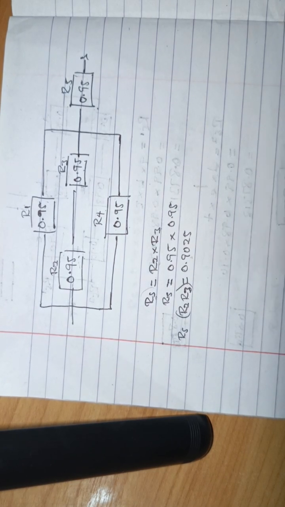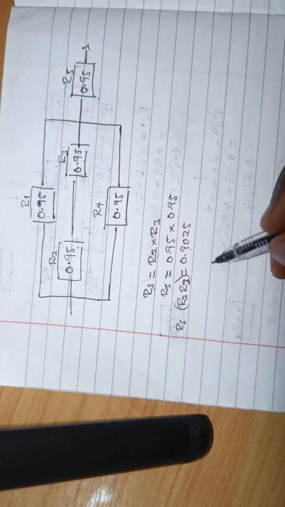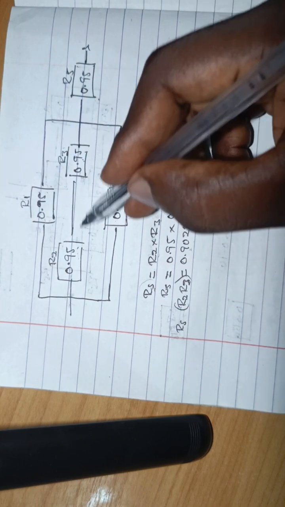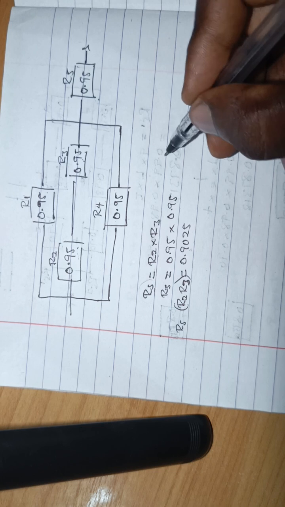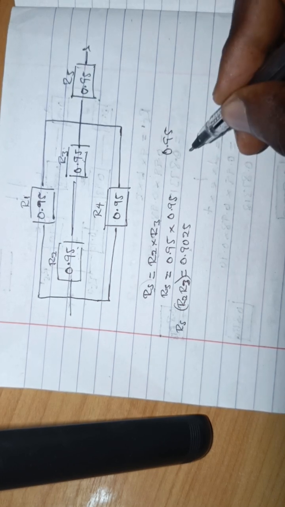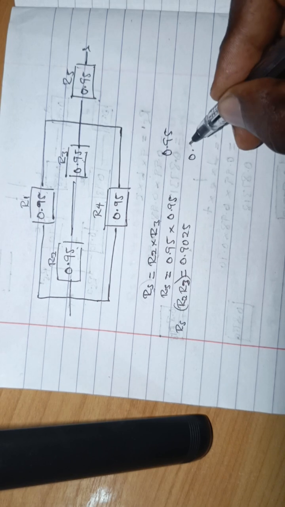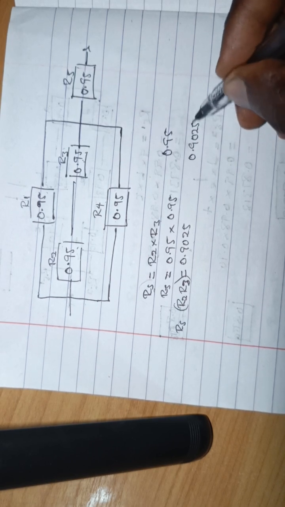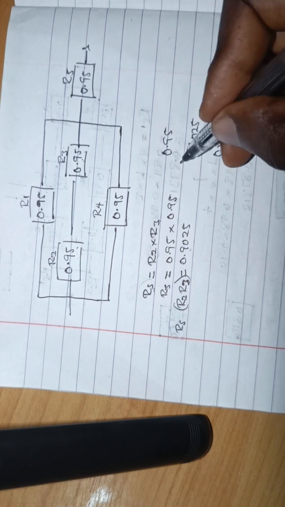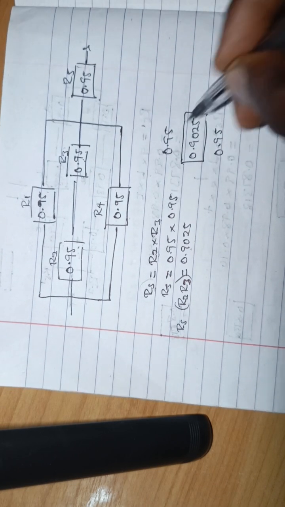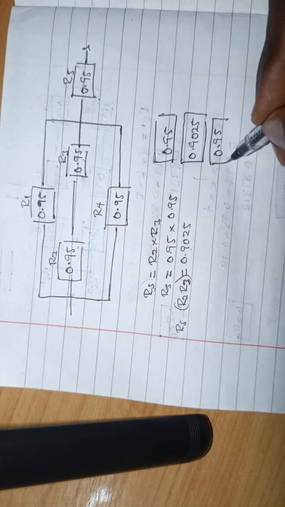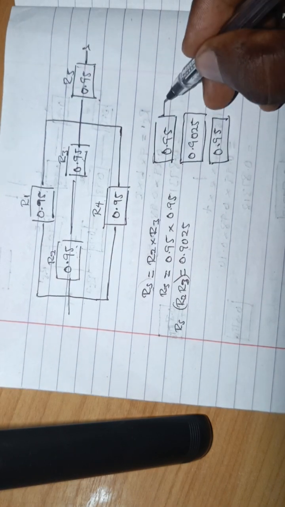Now that we've gotten R2 and R3 put together, this is how our system looks: 0.95, then 0.9025, and 0.95.